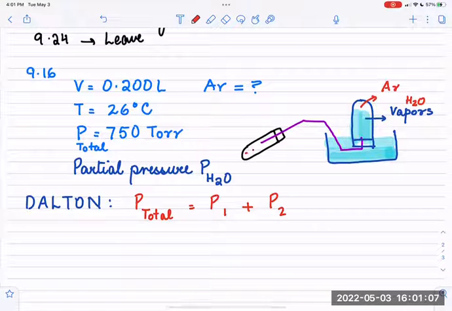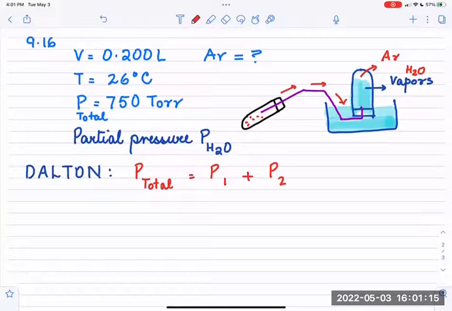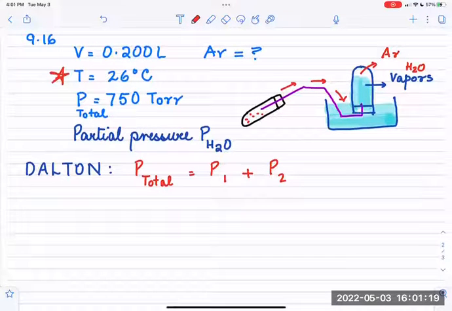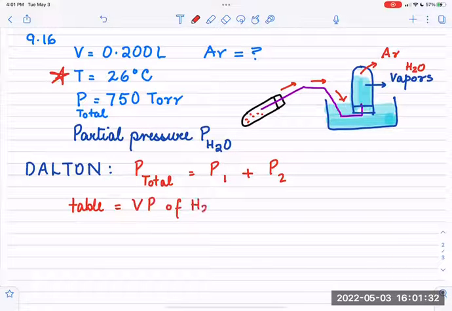And when this gas was collected, as you've done in the experiment in the lab also, we have to note down the temperature. At what temperature was the gas collected? That temperature relates to a table. In a table, you will see the vapor pressure of water vapors at a very specific temperature.